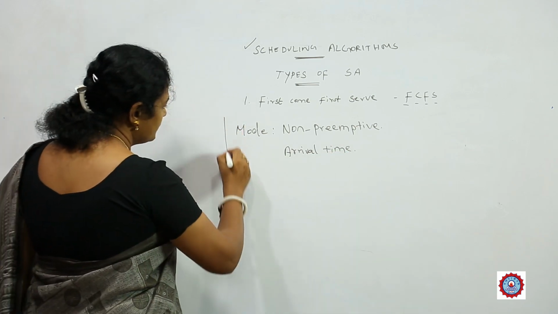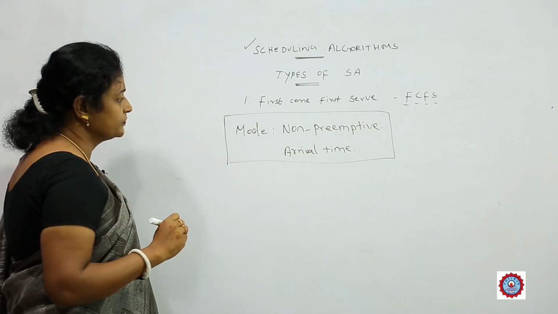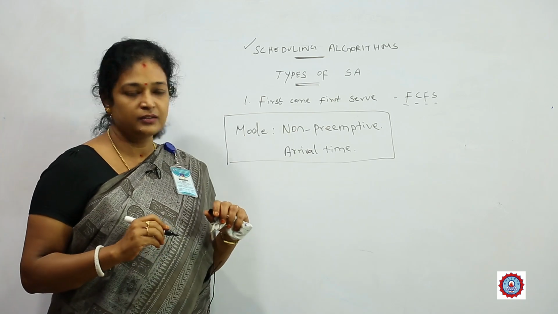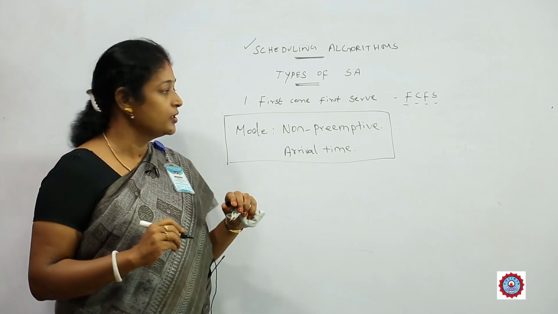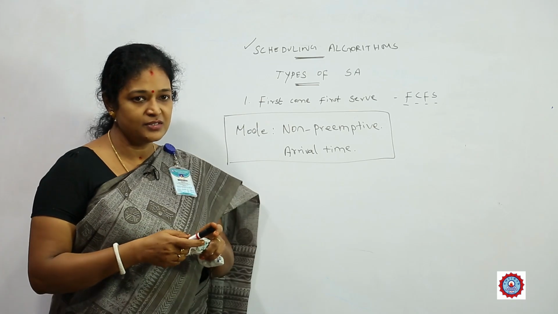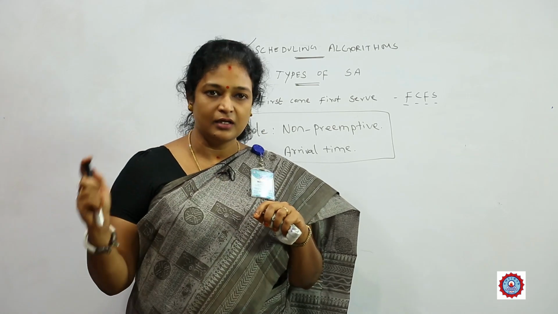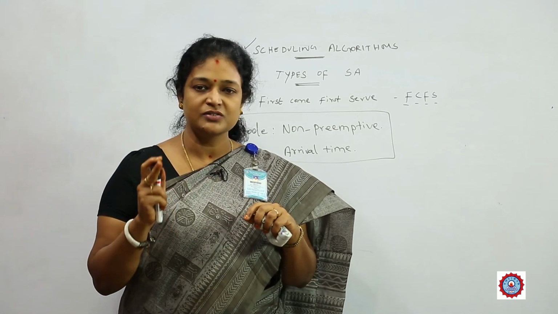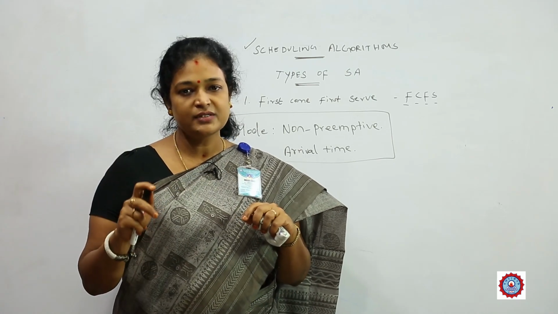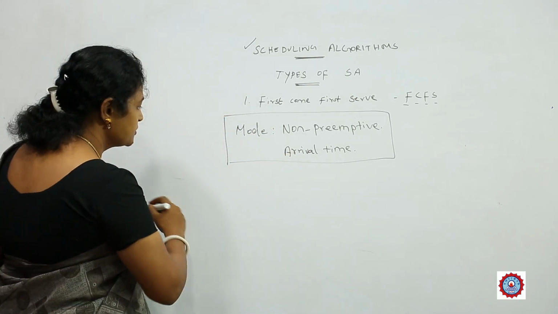So, that is the major thing in first come first serve. Clear? Non-preemptive and it is based on the arrival time. So, first come first serve, as the name implies, whichever process has entered the ready queue first, based on its arrival time, it will be responded to first.